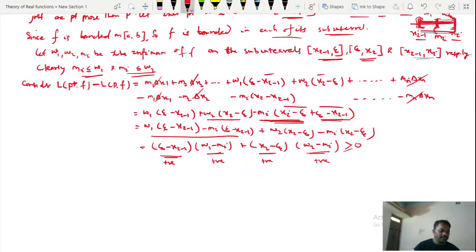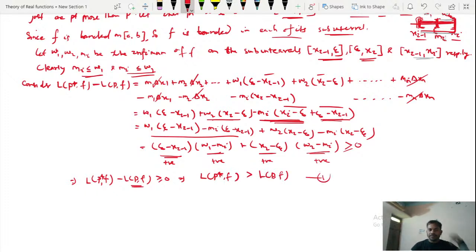So this implies you can write LP star f minus LPf is greater than or equal to 0, so you can take this to the right hand side, so LP star f is greater than or equal to LPf. So this is the first one proved.